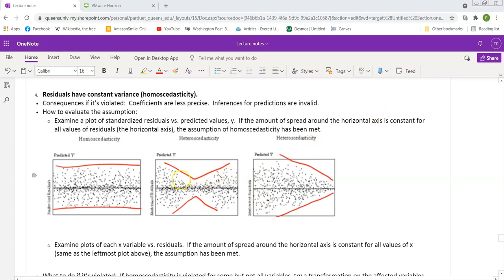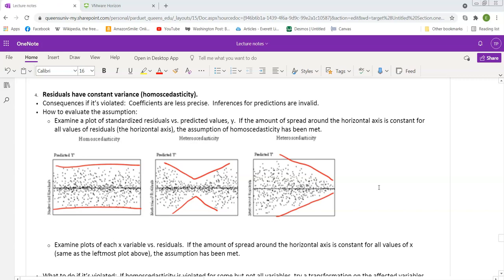And you can see the opposite of this may be true, where you have a lot in the middle and not much on the ends, or the reverse of this could be true. If this assumption is violated, it means our coefficients may not be as precise as they should be. And it also means that if we want to do predictions, they may not be valid.